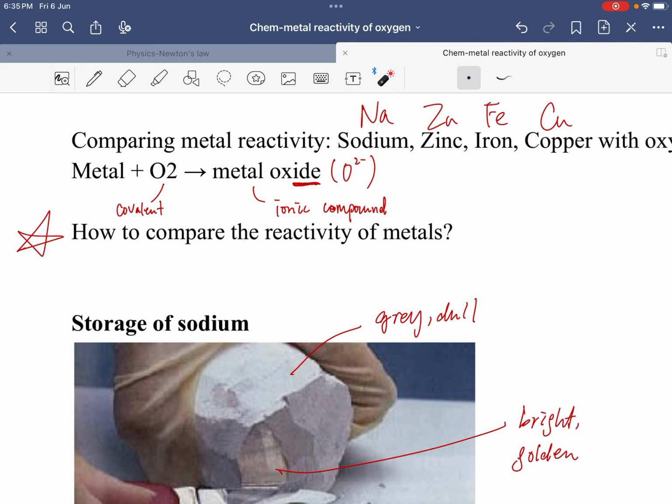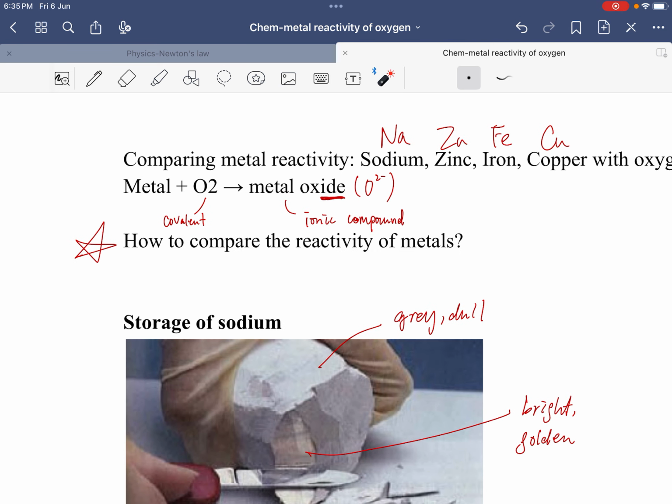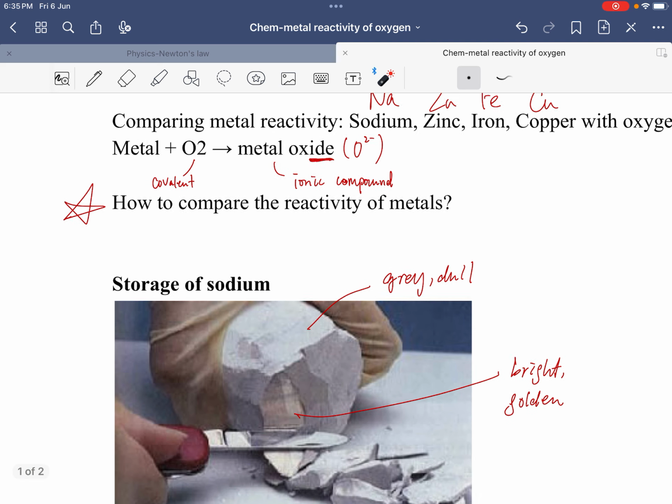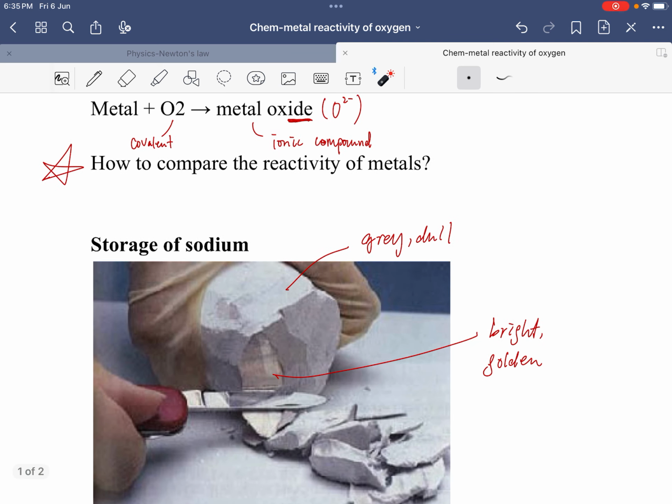Actually, you can refer to the equation here. When sodium, the metal here, reacts with oxygen, it will produce metal oxide, and actually it is sodium oxide, which is the product. Sodium oxide is the substance that turns it gray in color.